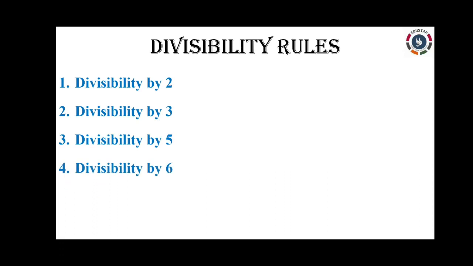Rule number 4, divisibility by 6. If the given number is divisible by both 2 and 3, then that number is divisible by 6. Rule number 5, divisibility by 9.